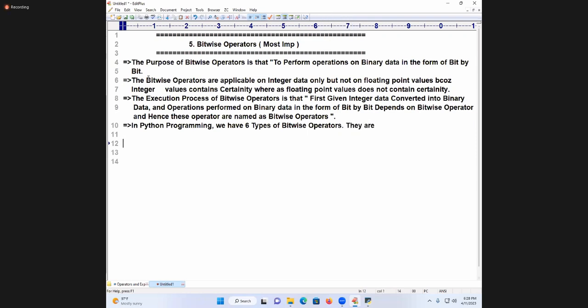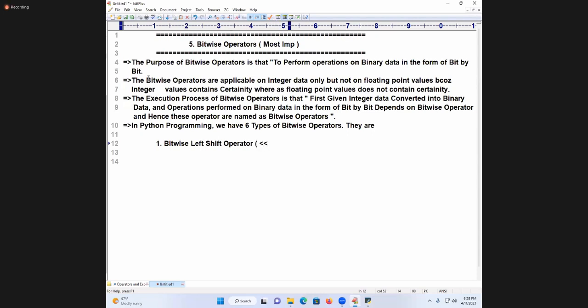They are, number 1, the bitwise left shift operator. So the symbol for that is called what?